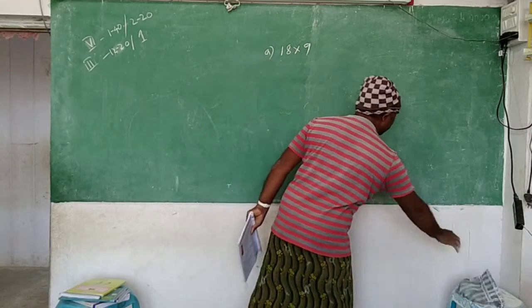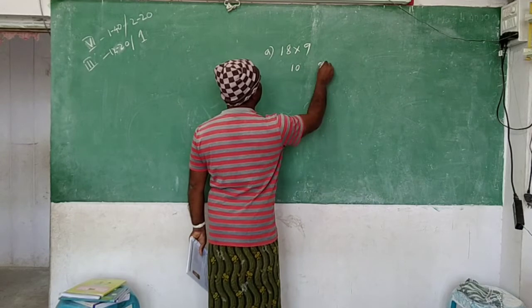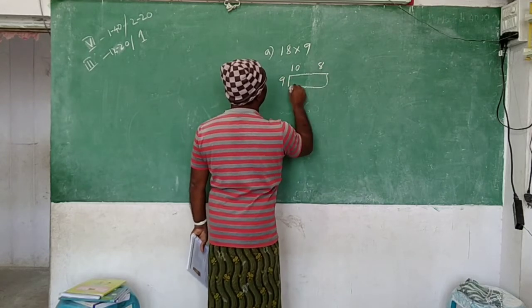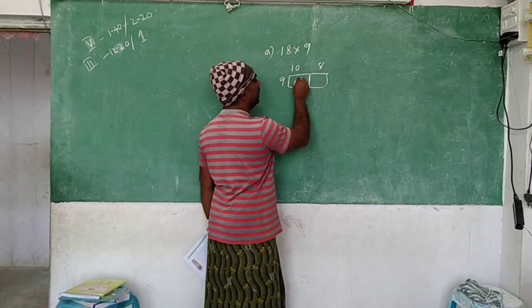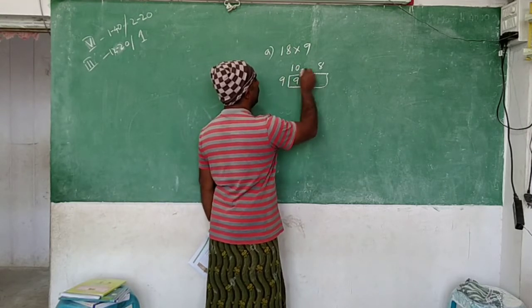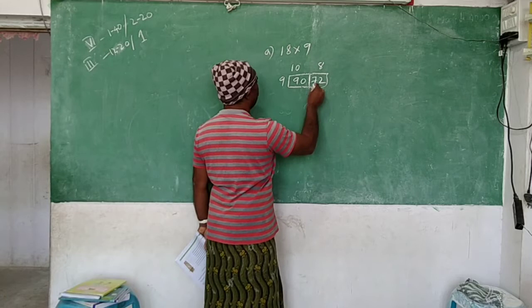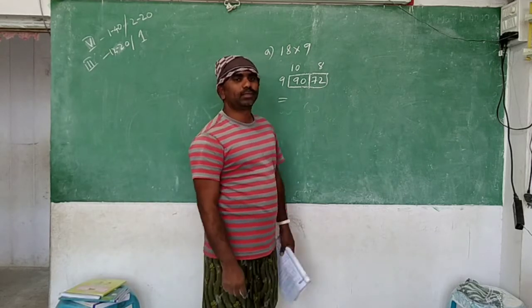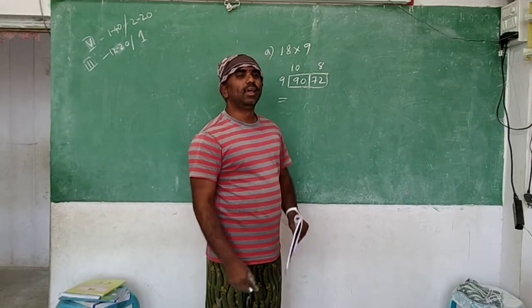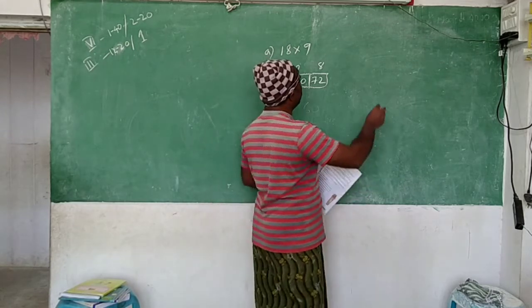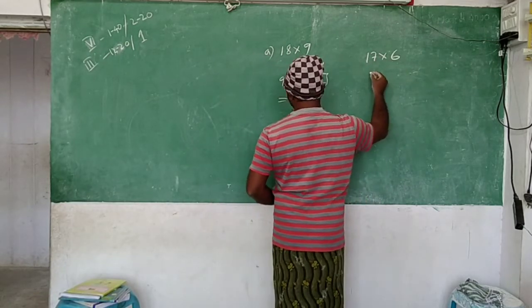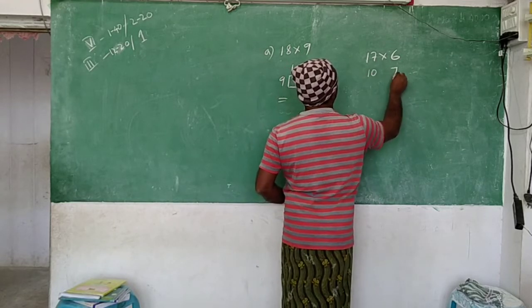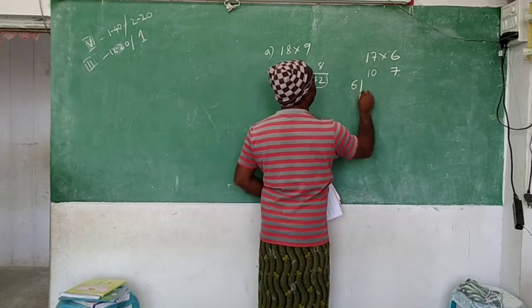I am separating this into 10 and 8 and multiplying with 9. 9 tens are, you will write here. 9 eights are, you will write here. After adding, you write the answer here. Okay, one more example is 17 into 6. How do you write it? And with 6.